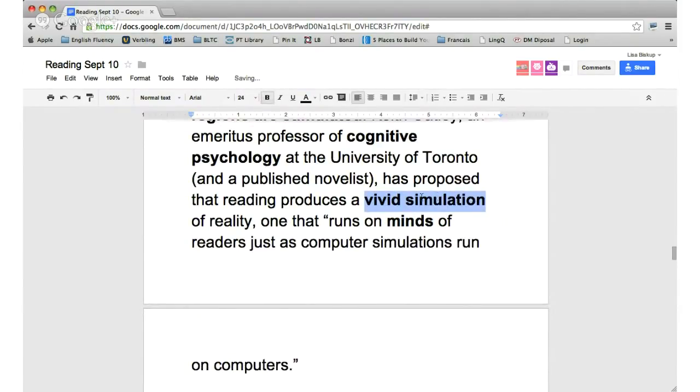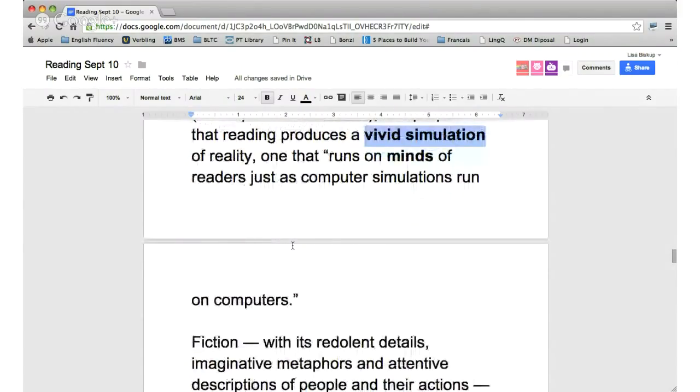That word vivid is used to describe something that seems like it's really happening, that really feels like real life, versus something that isn't very vivid, where you don't really believe that it's happening. So reading can produce that in our brains.